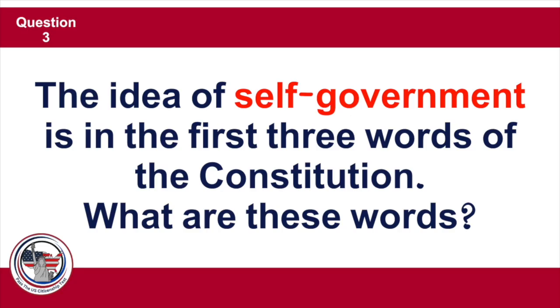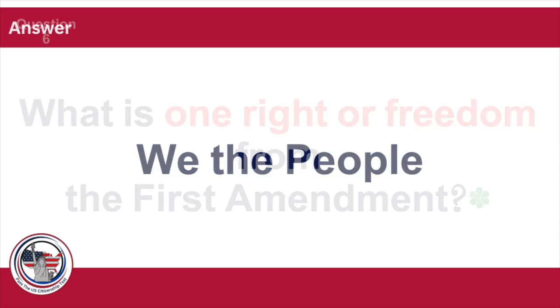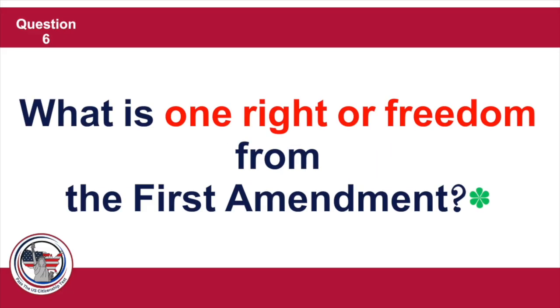The idea of self-government is in the first 3 words of the Constitution. What are these words? We the people. What is one right or freedom from the First Amendment?